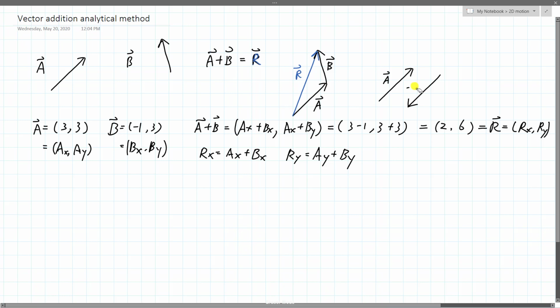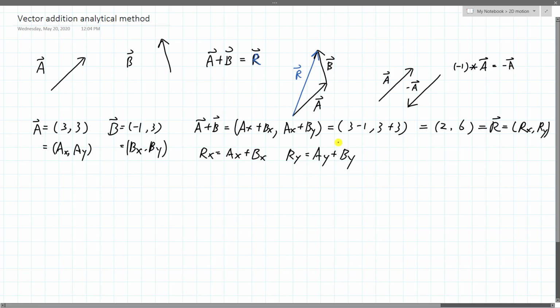You can also understand this as multiplying a vector by a scalar of -1. So -1 times vector A, right? So this is just -1A. So negative A, right? So this tells us if you multiply a vector by a scalar, you end up scaling the vector.